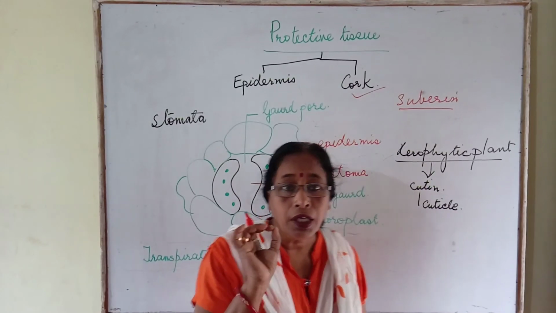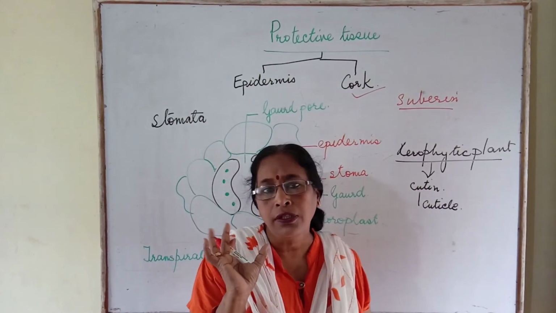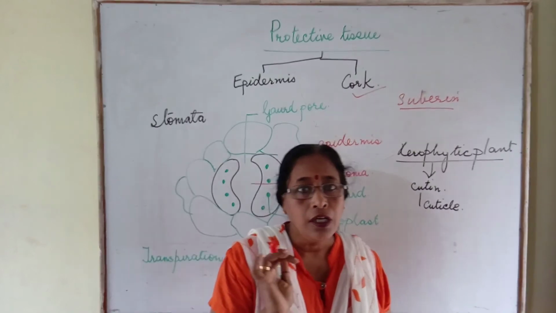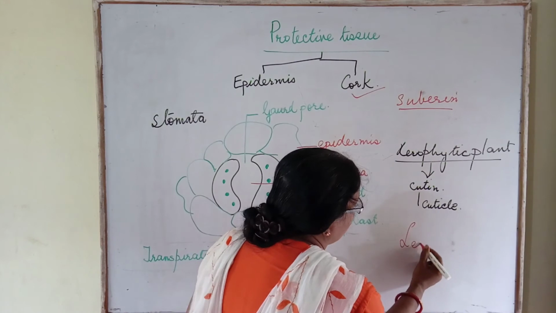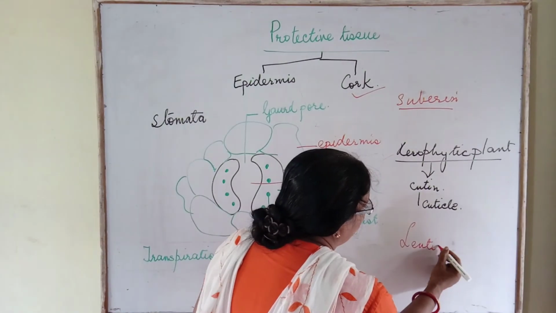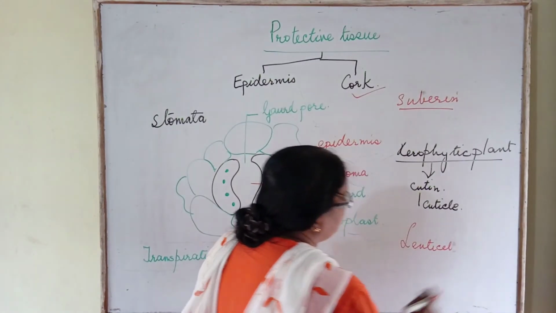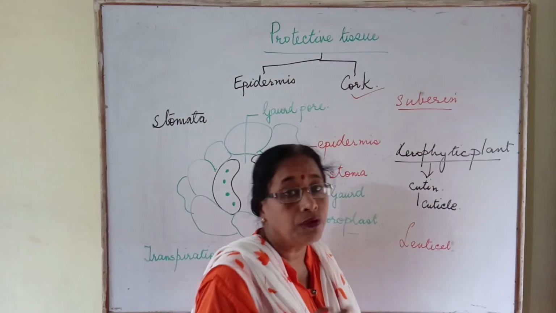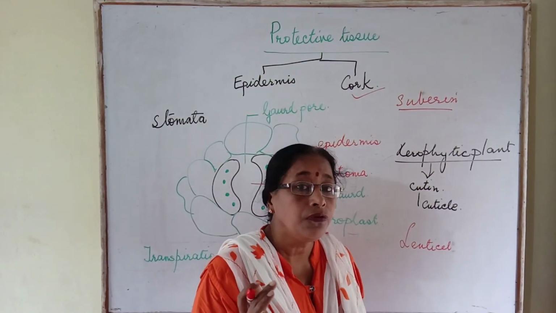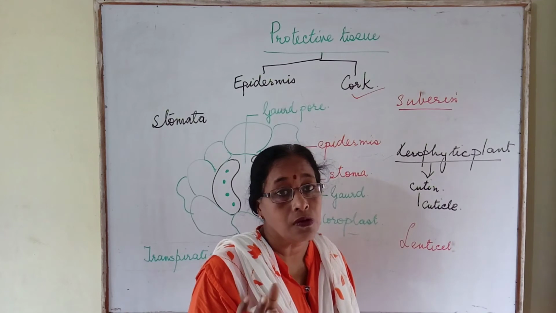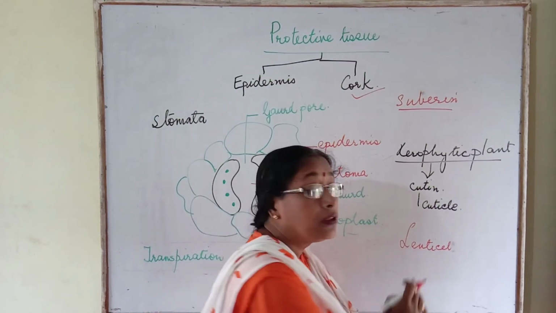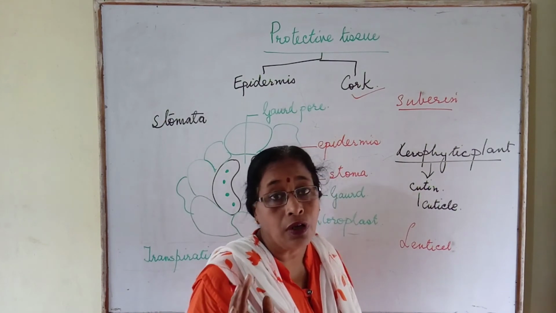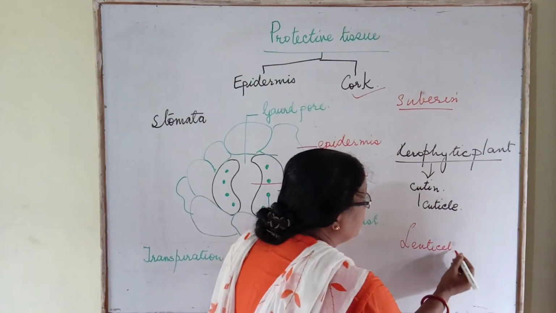There are some pore-like structures in the cork cells which are known as lenticels. They allow the passage of air and of water or substances between the cells. So the lenticels help in the exchange of gases also.